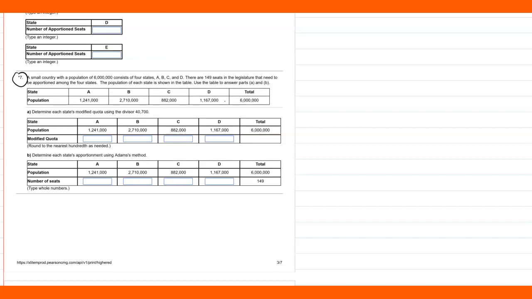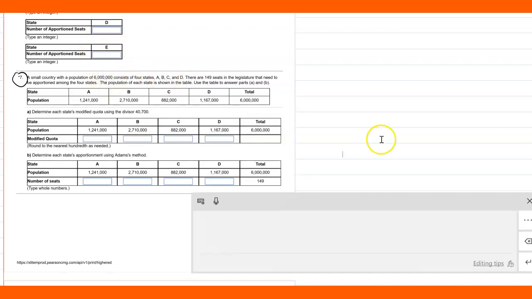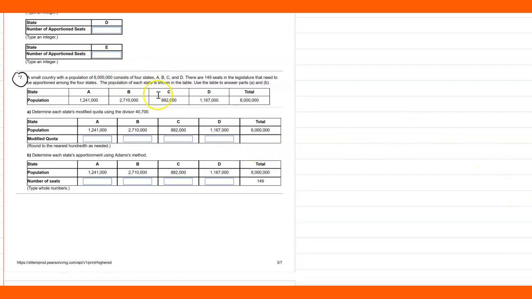Question number 7. A small country with the population 6 million consists of 4 states A, B, C, D. There are 149 seats in the legislature that need to be apportioned among 4 states.